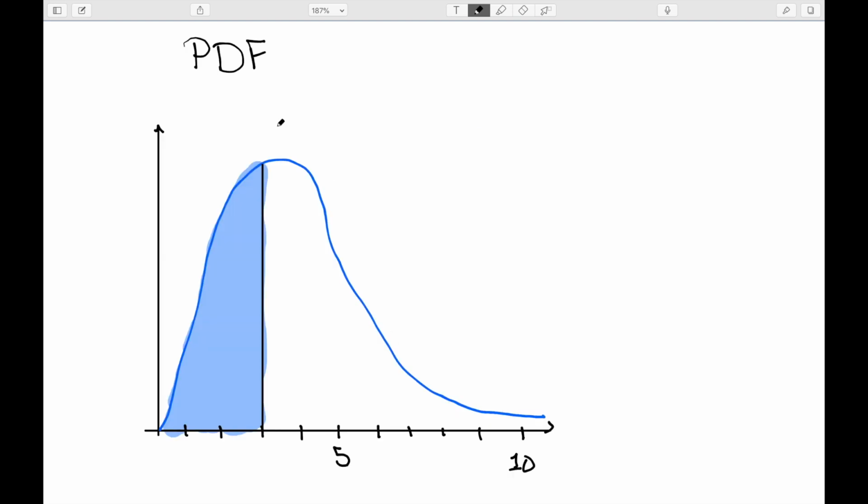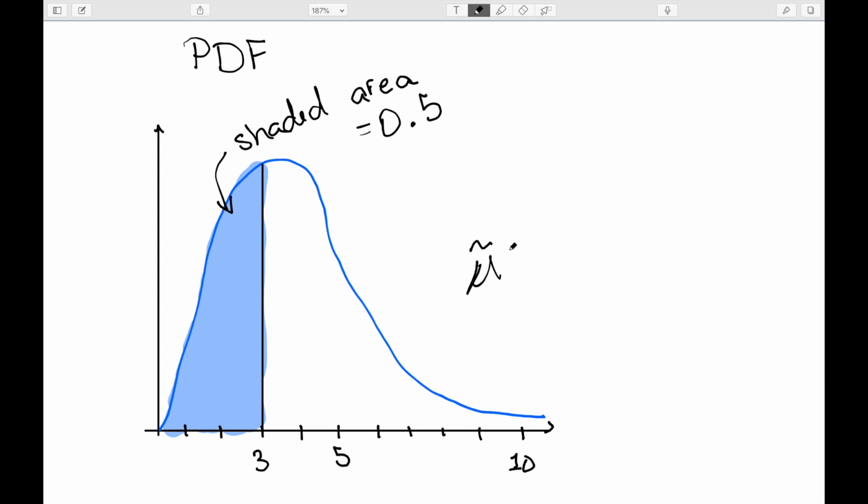Now suppose we have a PDF and we want to find the median. This is where if I shade the left-hand side of the graph, then the shaded area has an area of 0.5. So in this case, our median would once again be 3, since the shaded area to the left of 3 is 0.5 and to the right of 3 is 0.5.